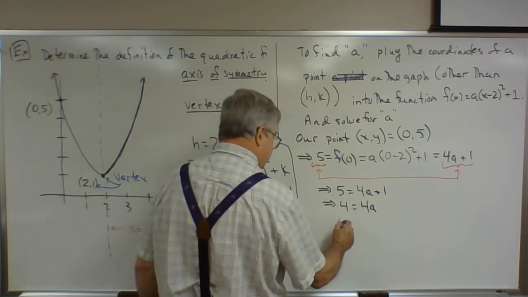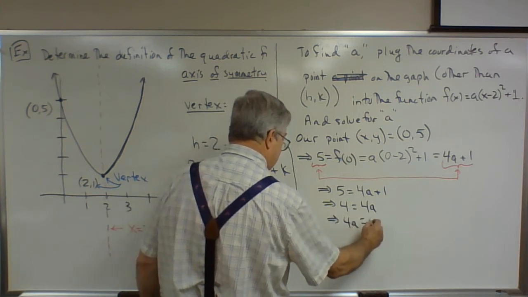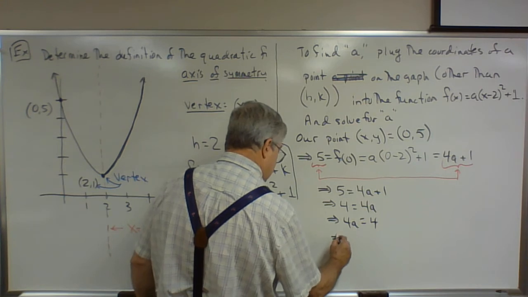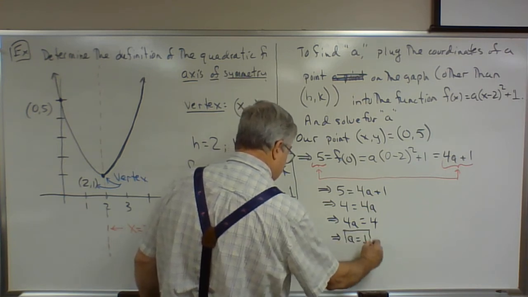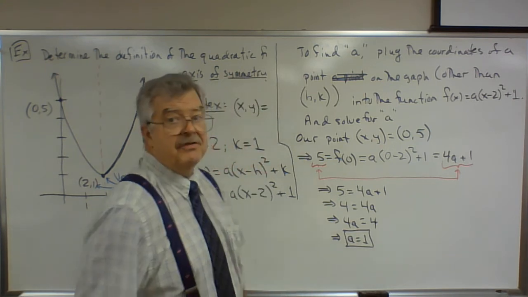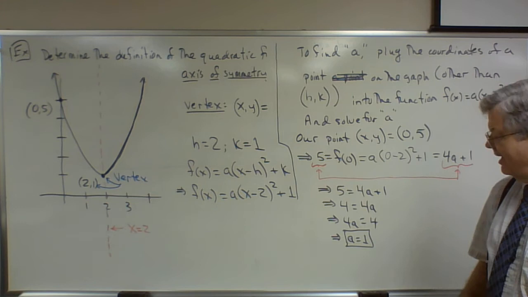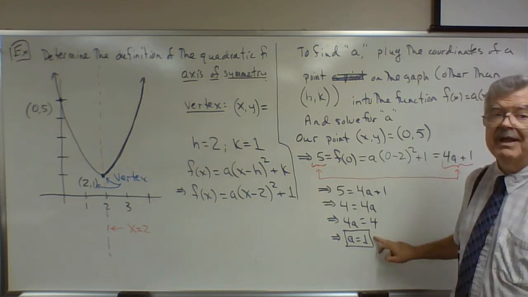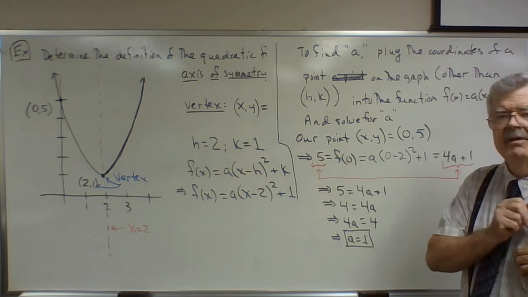You know what? I'll just switch this around and divide by 4. Son of a gun, a equals 1 again. This isn't always going to happen. It just happened to happen in both of our examples.